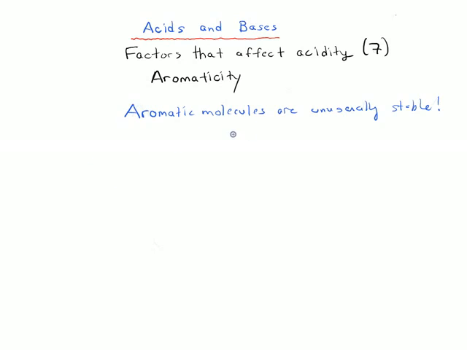So aromatic molecules are unusually stable. And if you remember, we were talking about before that the strong acids have weak conjugate bases. Another word we could use for weak is stable. Pretty stable conjugate bases.